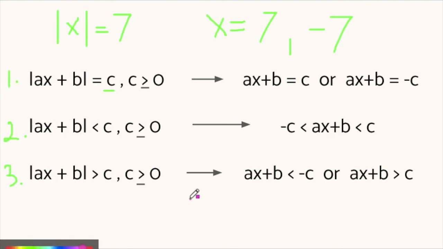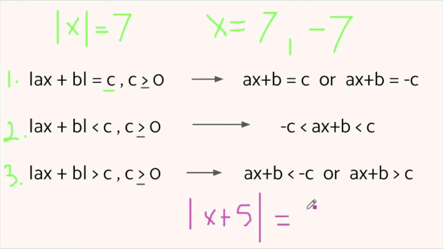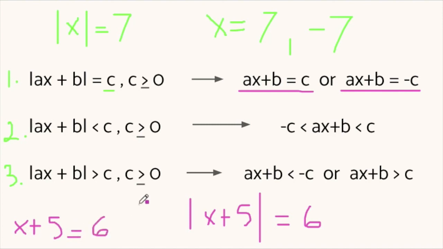So if we have absolute value of x plus 5 equals 6, in order to find x, we need to separate this into both of these expressions. So x plus 5 is equal to 6, and x plus 5 is equal to -6. And you need to solve for both of these in order to get all possible values of x.